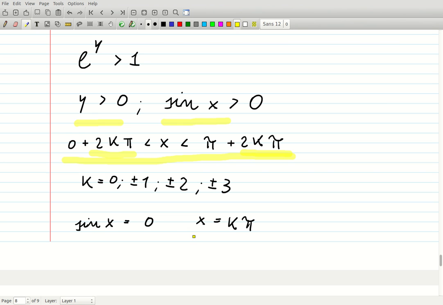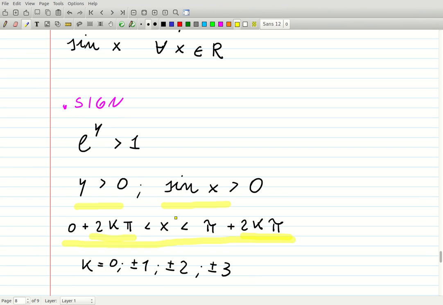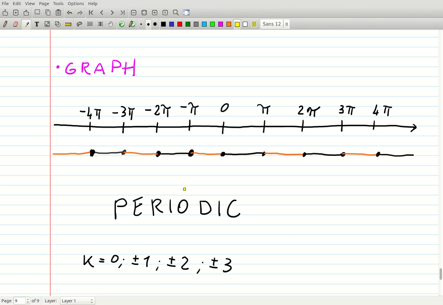If x is equal to k pi, sine of x will be 0. So now we know everything we need to graph the solution, because we know when sine will be greater than 0, and if sine is greater than 0, then e to sine x will be greater than 1, and we will solve our inequality. Of course, sine is a periodic function, so periodic will be our solution.